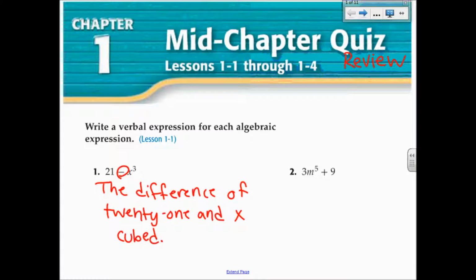All of those would mean the same thing. We're working on not just reading it straight off, though, and saying 21 minus x cubed. Although that is correct, we're working on expanding our math and verbal vocabulary.